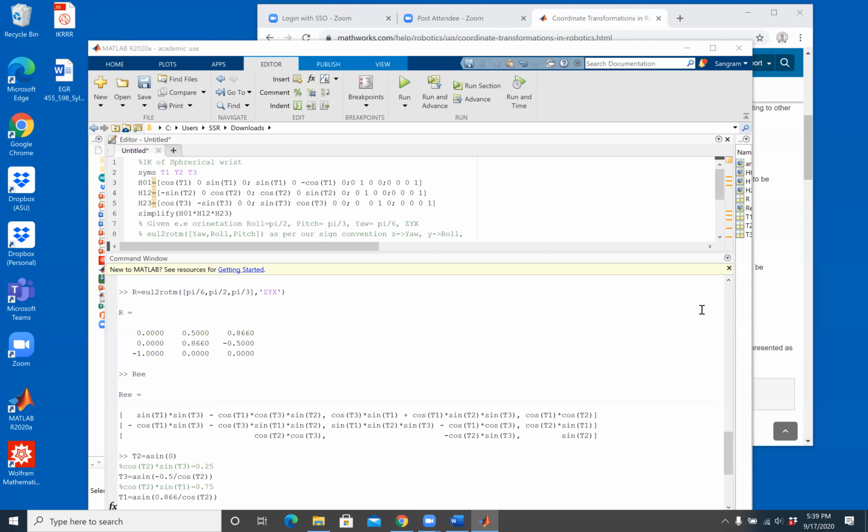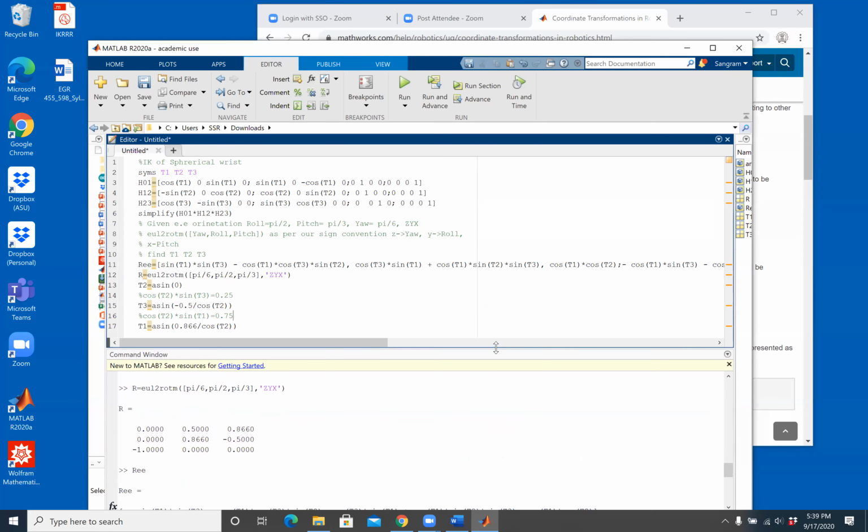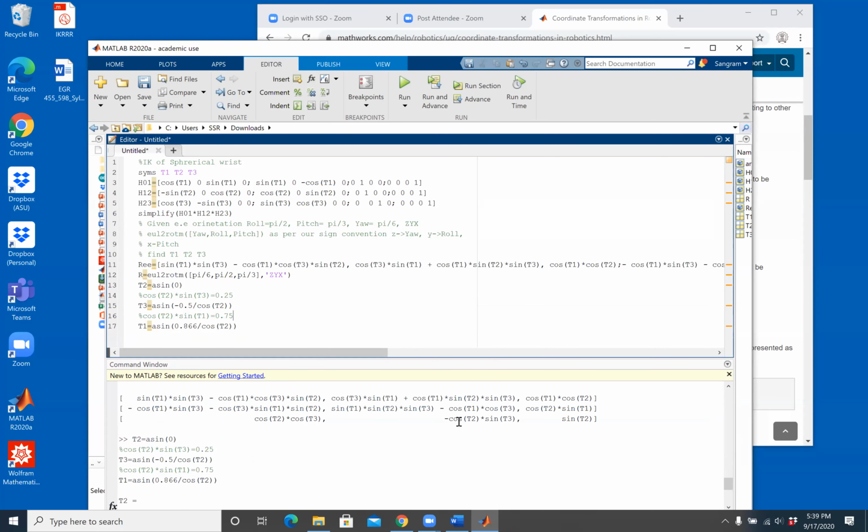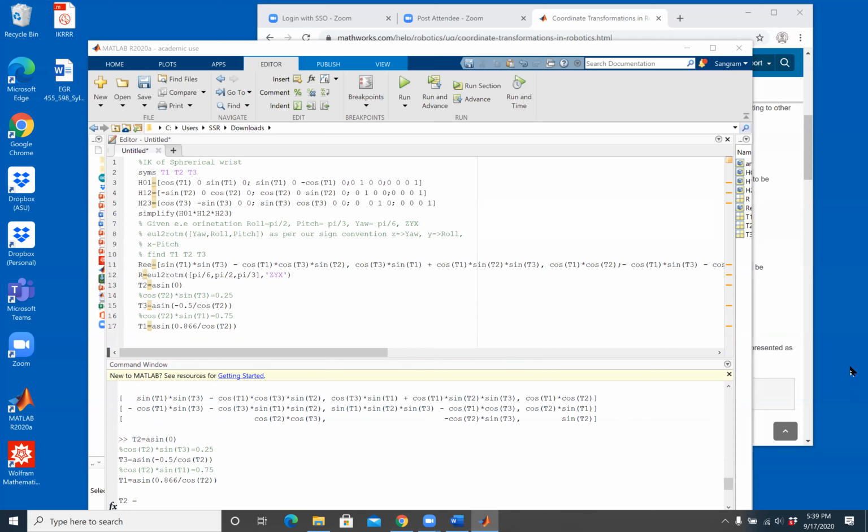Shouldn't T3 use 0? So let me see. I have cosine T2 by T3. T3. Yeah, it's EUL, not EU12.